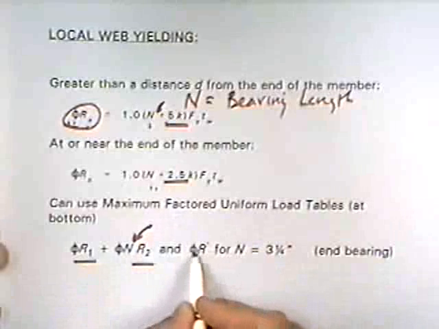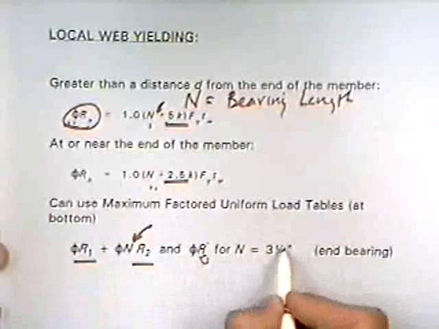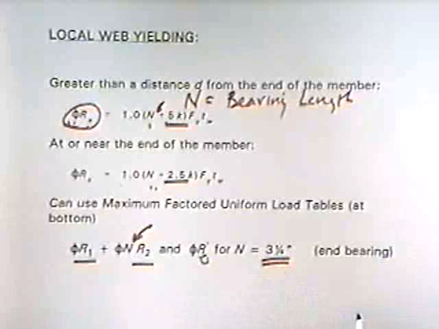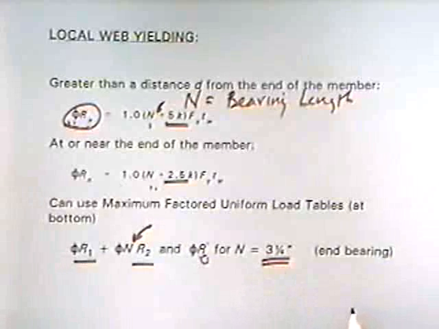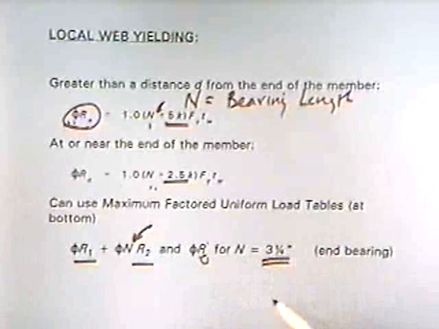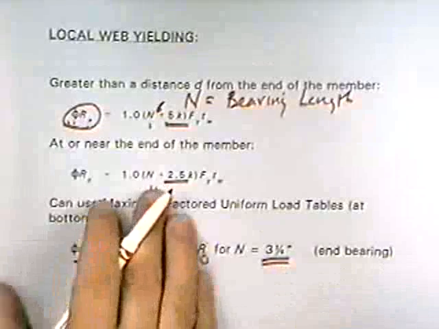They also give you this phi R without any subscript, and that's assuming a bearing length of 3 1/4 inches. I have no idea how they came up with 3 1/4 inches. Is that kind of a standard plate to put under there? I guess it's a standard plate size. It used to be 3 1/2, so they've cut it down. If you go into Walmart and ask for a bearing plate, that's what they'll give you. Standards.